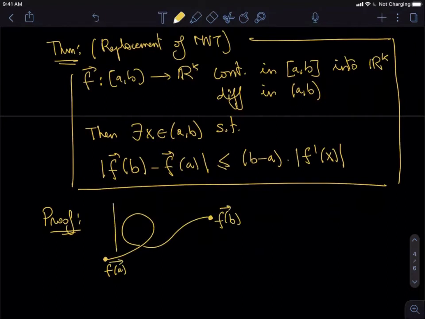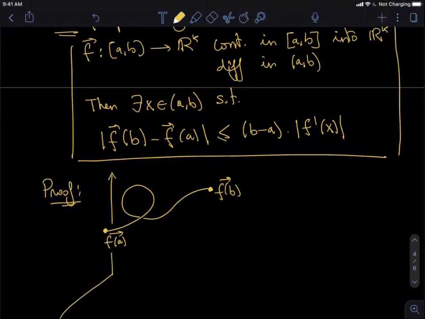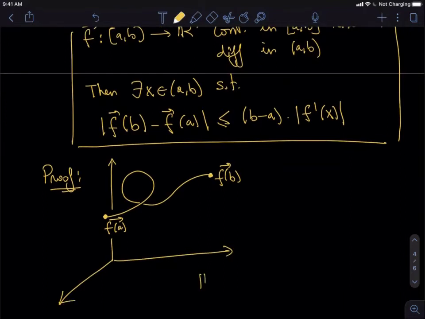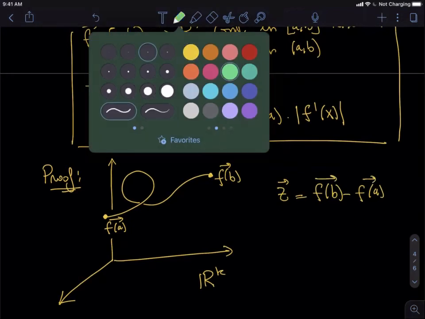And this is somewhere in space. Okay, let's say this is R^k. And here, just for simplicity, we are going to define C as f(b) minus f(a). Okay, so let's see in the picture.